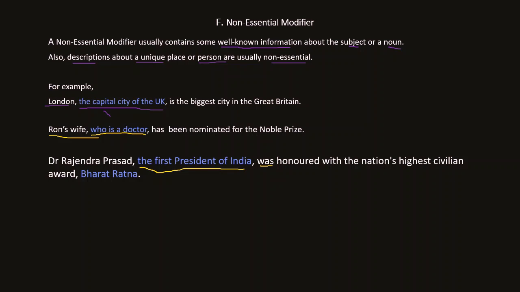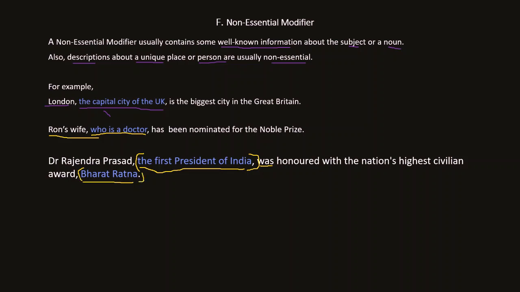And the second non-essential modifier is Bharat Ratna, which describes the highest civilian award, which is unique. In this sentence, the first non-essential modifier is placed between two commas because it is in the middle of the sentence. And the second non-essential modifier is placed after only one comma because it is placed at the end of the sentence.